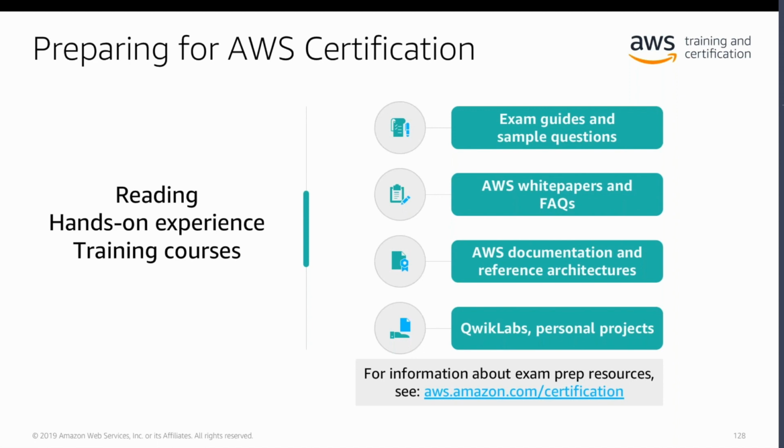If you want to get some hands-on, try Quick Labs to spin up resources and do some personal projects there, maybe on free tier accounts as well. One piece of advice that I got when I took my test was to go through and completely build a VPC from scratch, building out all the routing tables and the gateways and everything. I thought that was really good advice. I'll pass that along to you.